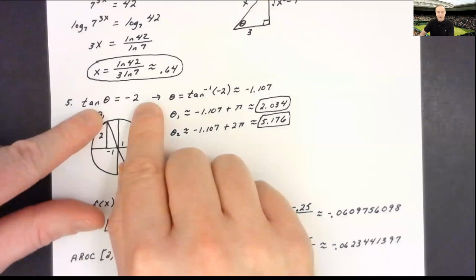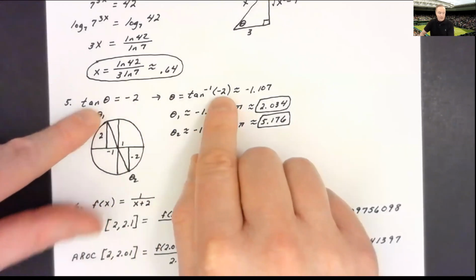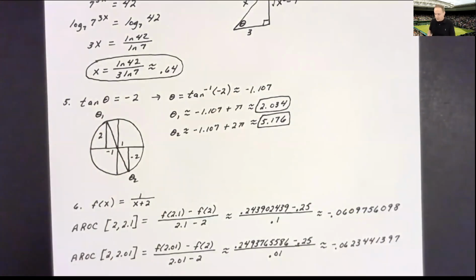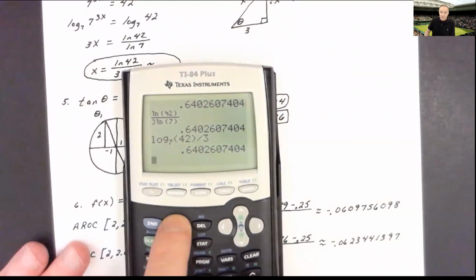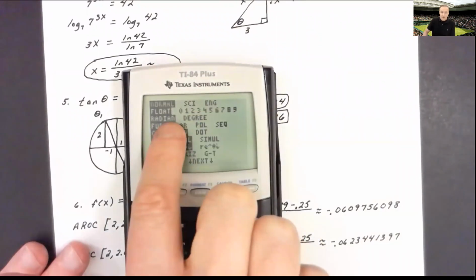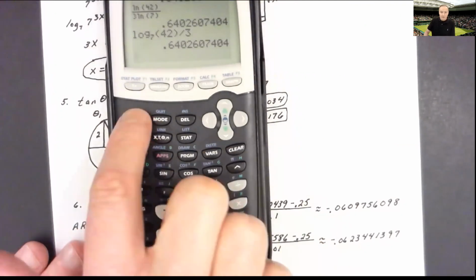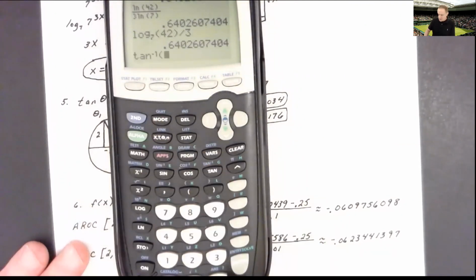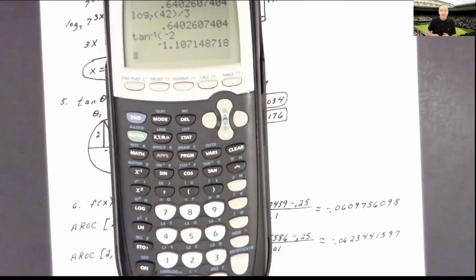I just take the inverse tangent of both sides. Theta is going to be the inverse tangent of -2. They would go to their calculator without too much thought. Hopefully you would think that it needs to be in radian mode, but then they would just say, it's the inverse tangent of -2. Boom. Yay, I'm done. -1.107.